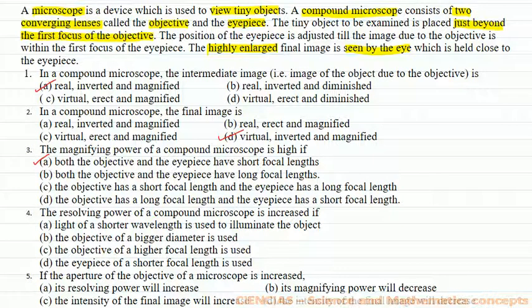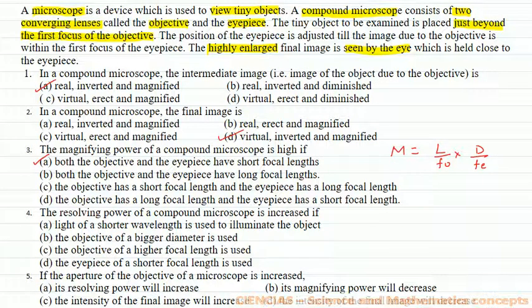Because the magnifying power is given by M equals L upon FO multiplied by D upon FE. L is the length of the microscope, D is the near point or least distance of distinct vision, FO is the focal length of the objective and FE is the focal length of the eyepiece. So if both FO and FE are small, then M will be large. That is why both the objective and eyepiece have short focal length.